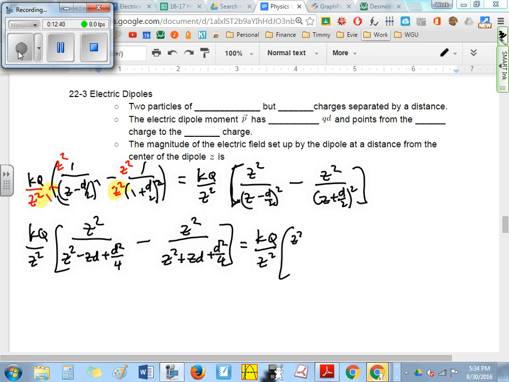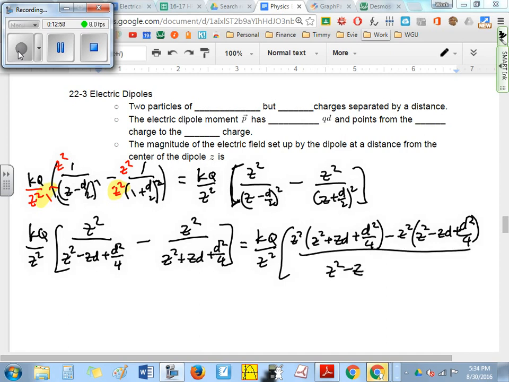So we end up with z squared times z squared plus zd plus d squared over 4, minus z squared times z squared minus zd plus d squared over 4. All of this is over a common denominator, z squared minus zd plus d squared over 4 times z squared plus zd plus d squared over 4. So it's all very complicated.